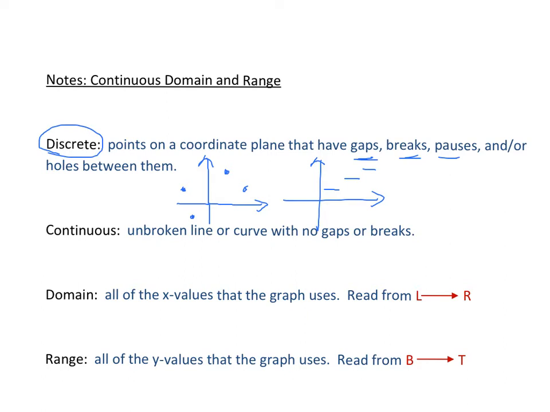Okay, with this lesson we're going to look at what's called continuous. Continuous is an unbroken line or curve with no gaps or breaks. That's what most of our graphs look like. It's just how the word sounds.